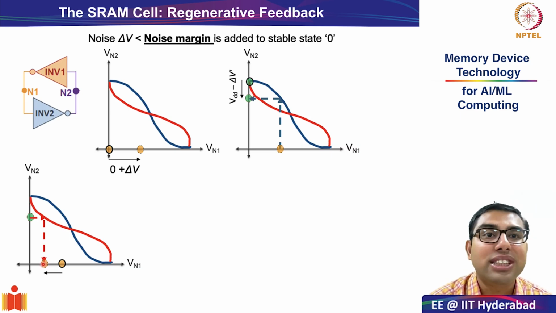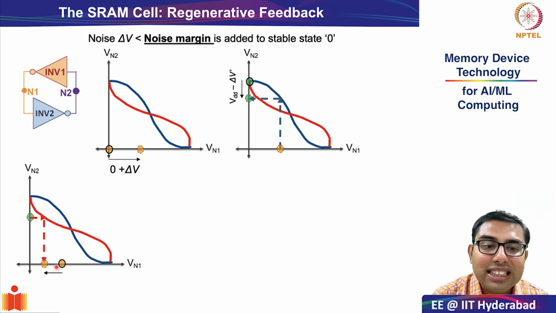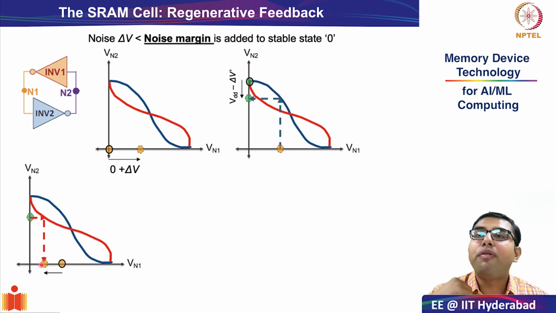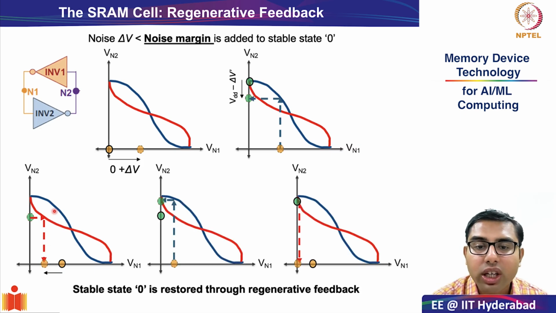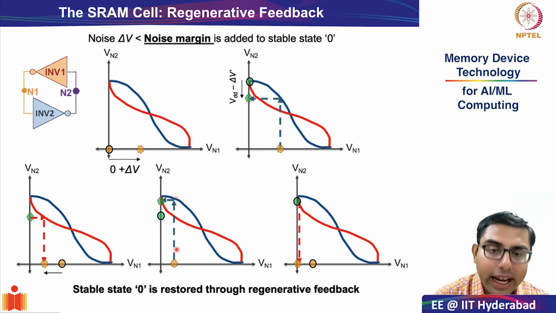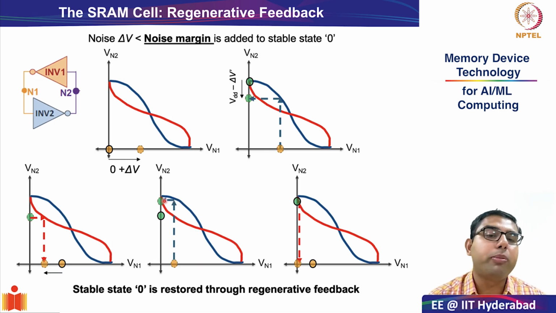And now you are beginning to see how by bouncing of the two loops, the disturbance is now getting mitigated. Earlier, the distance was large delta V. Now, this voltage or the disturbance is getting mitigated through these hysteretic loops. Okay. Again, we follow the same rhythm. We see that Vn1 has been changed. And because Vn1 has been changed, we need to project what is happening at Vn2 using inverter 2, which is the blue line. That is exactly what I am showing over here with my laser pointer.